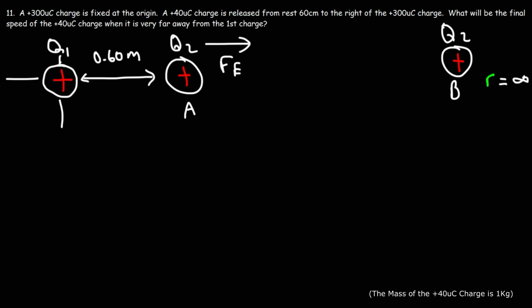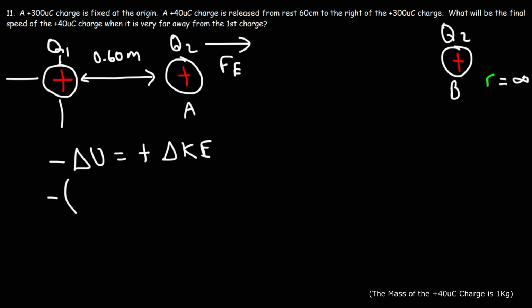Since the total mechanical energy of the system remains constant, the negative change in electric potential energy will equal the positive change in kinetic energy. As the electric potential energy decreases when Q2 moves from point A to point B, the kinetic energy of Q2 will increase.